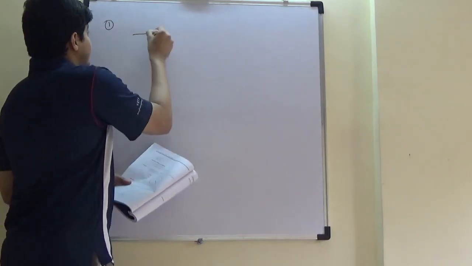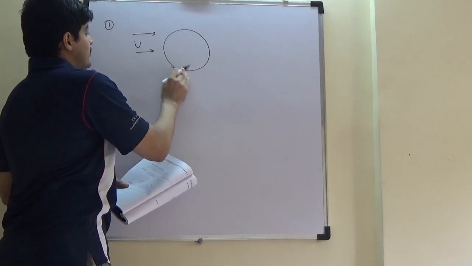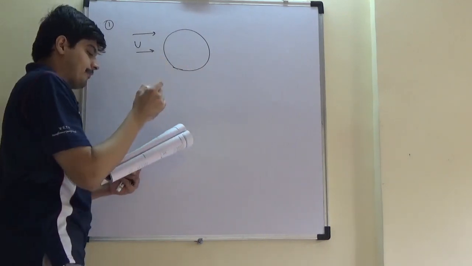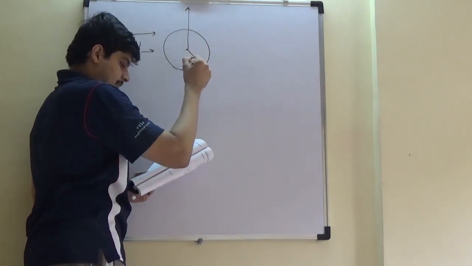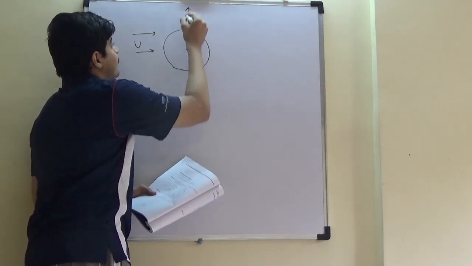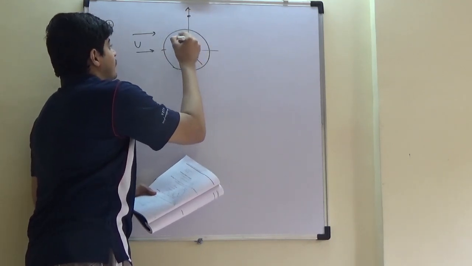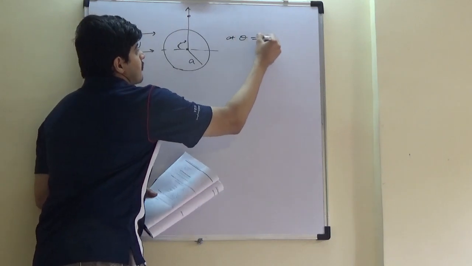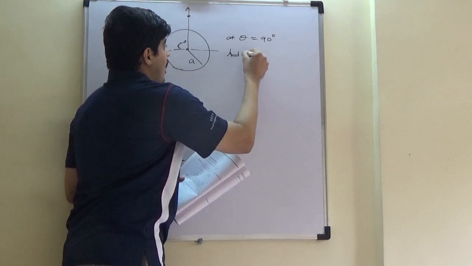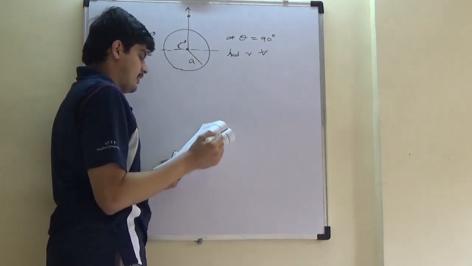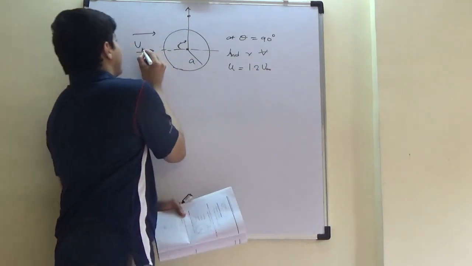is on a cylinder. We have been given a setup where there is a cylinder and a free stream velocity U infinity. The radius of the cylinder is a, and at theta equal to 90 degrees on this coordinate, find r such that u is 1.2 U infinity.